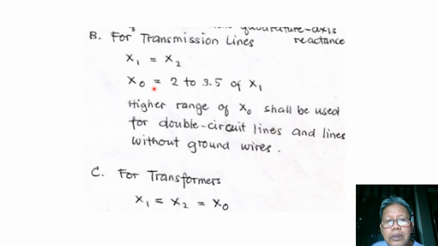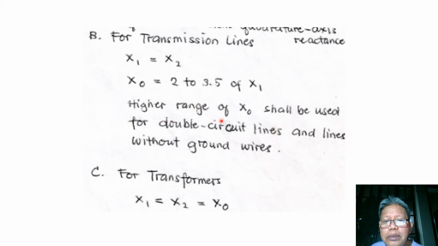But for the zero sequence, the transmission lines react according to a different value. The zero sequence reactance of our transmission line ranges from 2 to 3.5 times X1, the positive sequence reactance of our transmission line. So our X0 can vary between these.